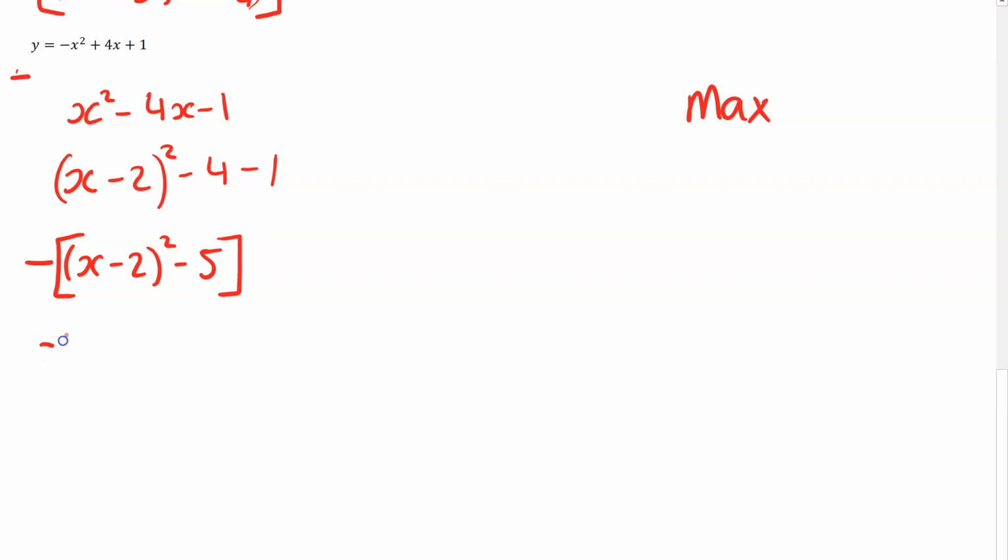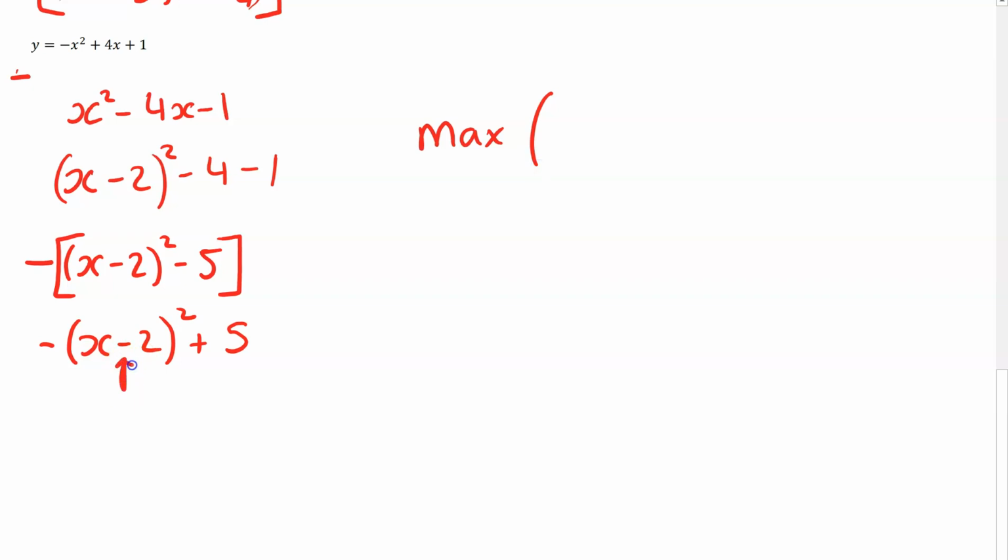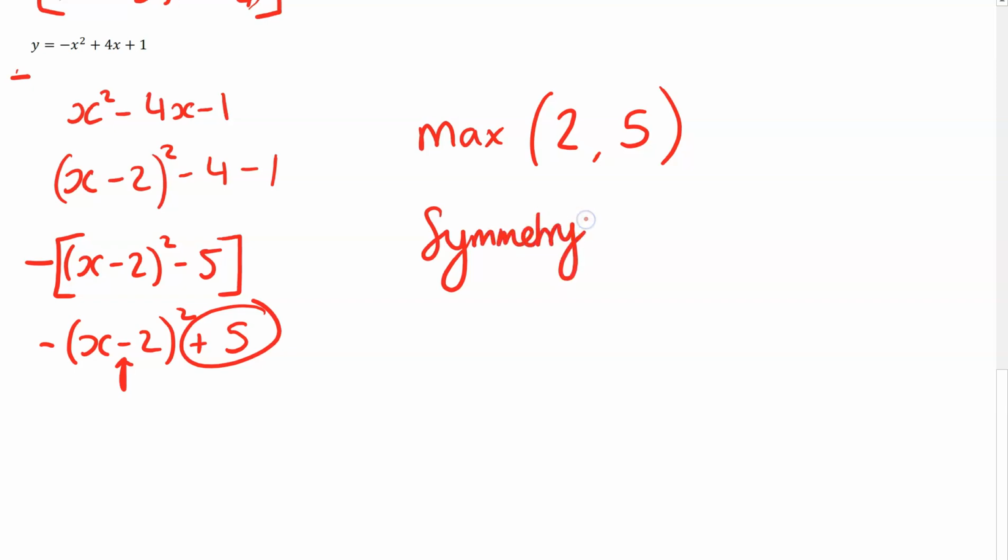So we have minus x minus 2 squared, and a minus minus makes a plus 5. So my maximum is the opposite sign there, so that is 2, and the y coordinate is 5, and my symmetry line is x equals 2.